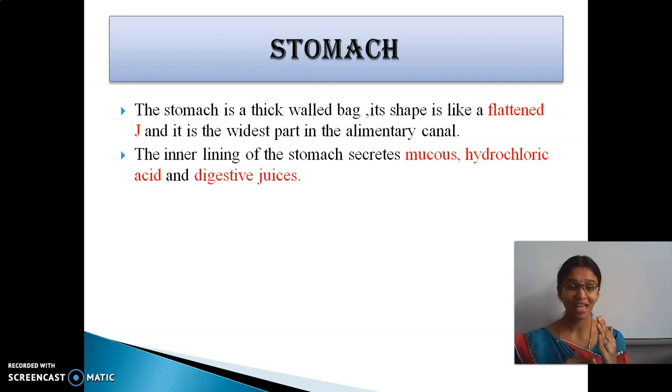And what is one more function of hydrochloric acid? Very good. It helps in killing the bacteria that enter our stomach. So hydrochloric acid kills the bacteria, and it activates the enzyme pepsin. This pepsin helps in the breakdown of protein.